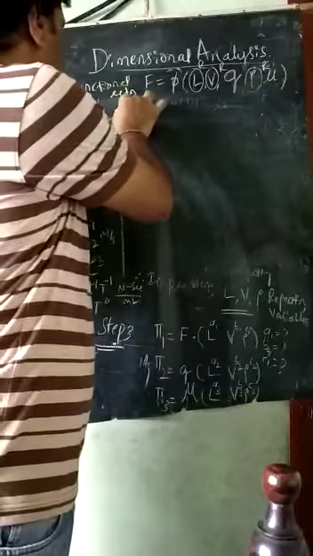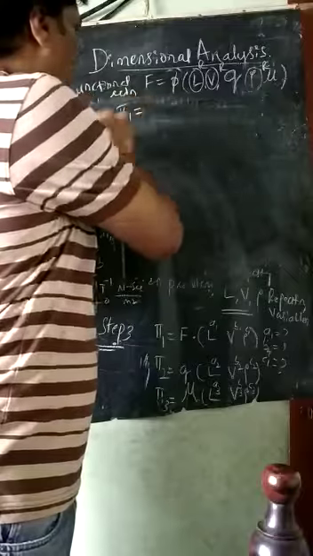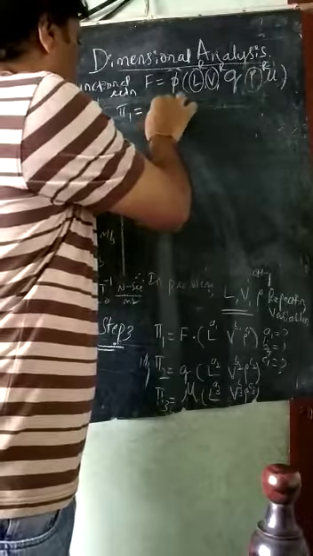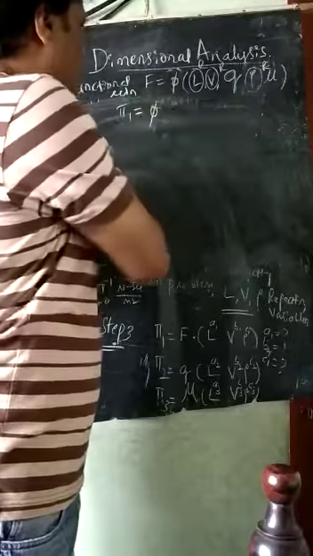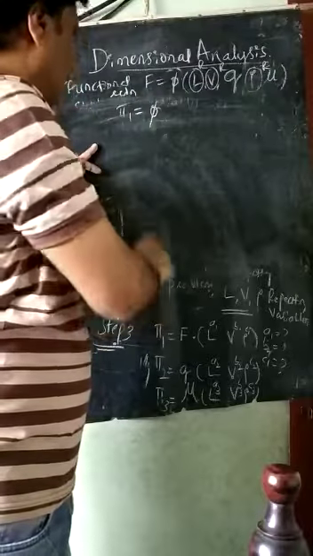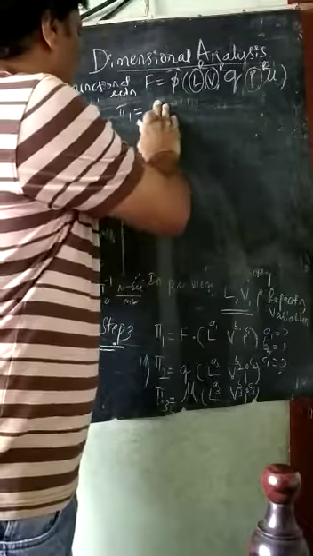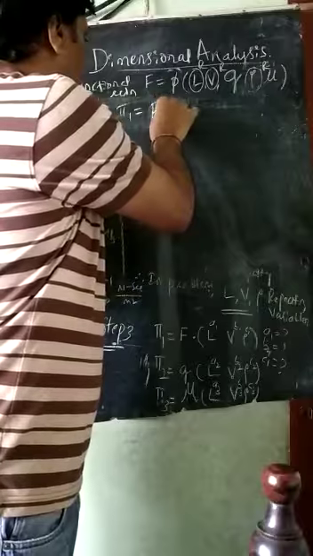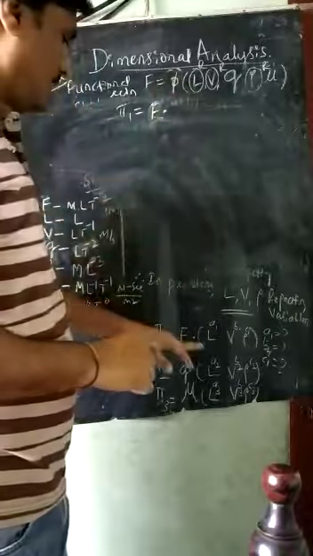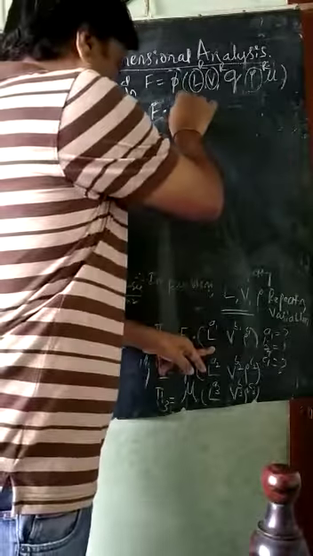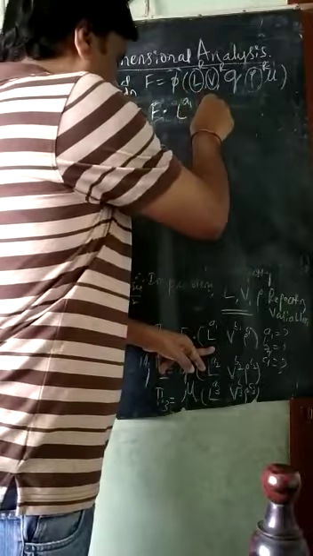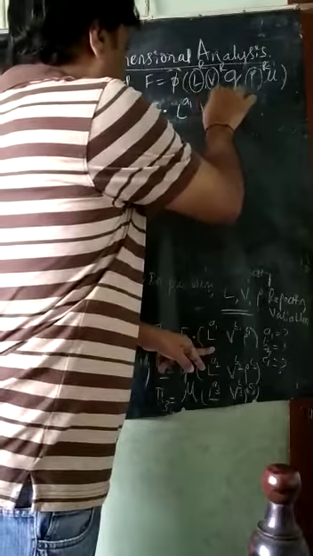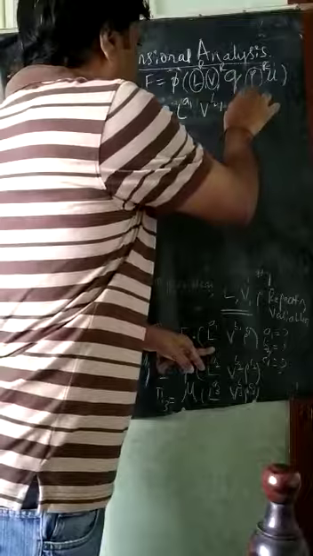Pi 1 is a function of F, where F is the force, and L raised to a1, V raised to b1, and rho raised to c1.